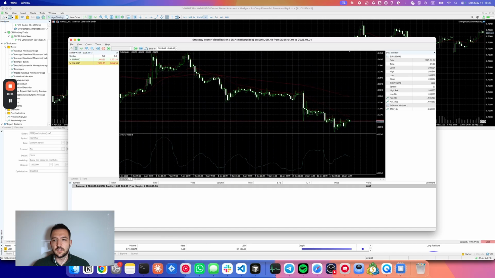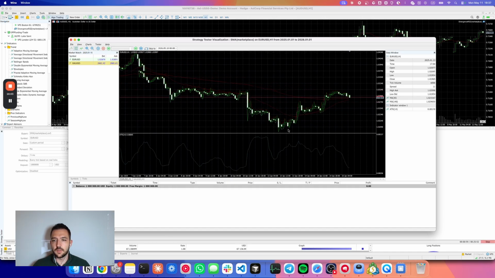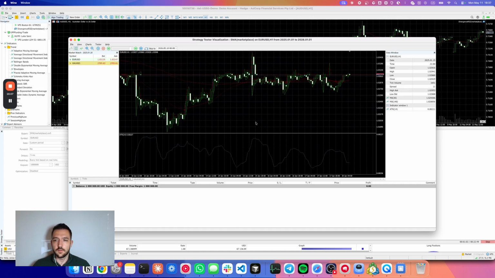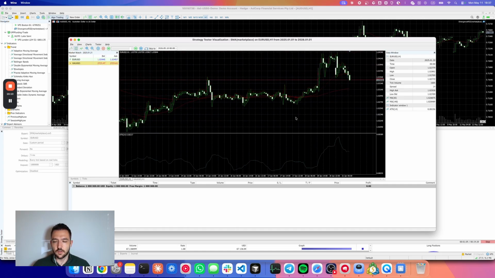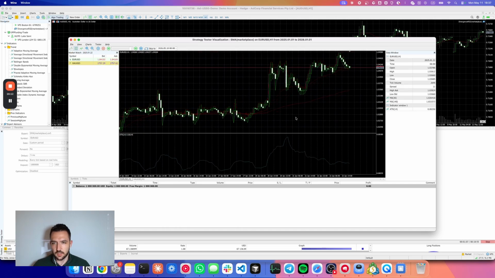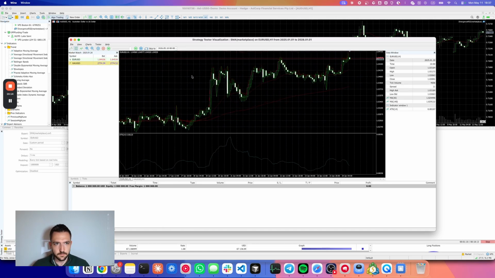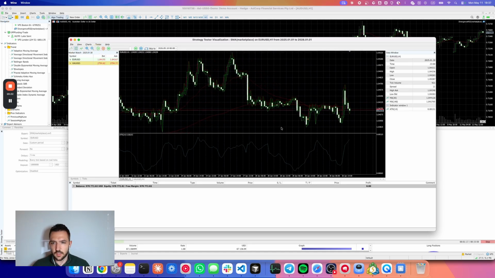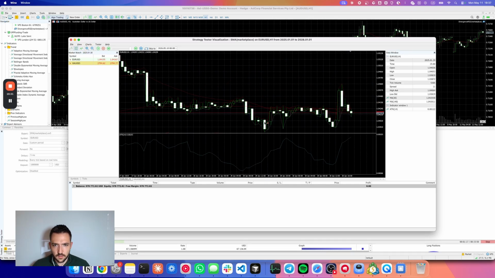So if you see that it doesn't take trades somewhere, then it means it was out of the trading session. So this is something that you should take into account, or maybe you just disable that option and you trade every time. Also, another confirmation type that we have is, okay, so there was a trade right here. It was a sell. So if we zoom in right here, okay.